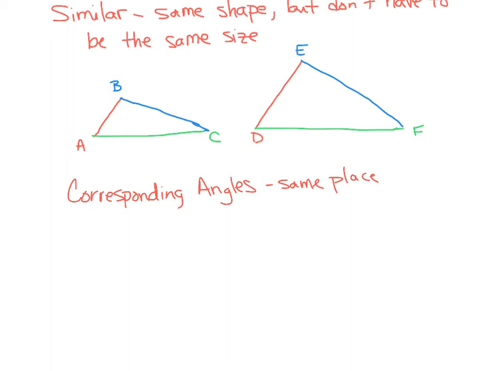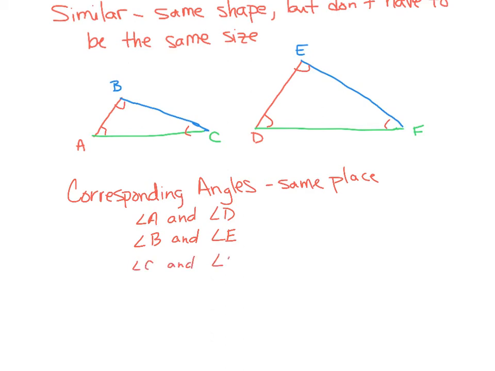This angle, angle A and angle D, are corresponding because they're in the same place on the triangle. And then angle B and angle E, because they're in the same place. And then angle C and angle F, because they're in the same place.